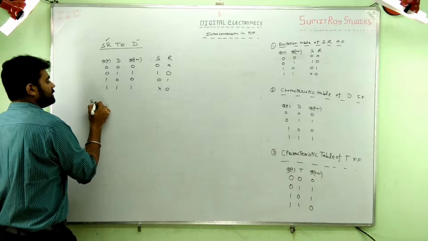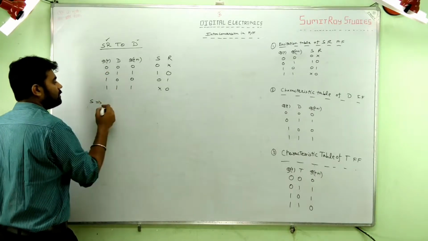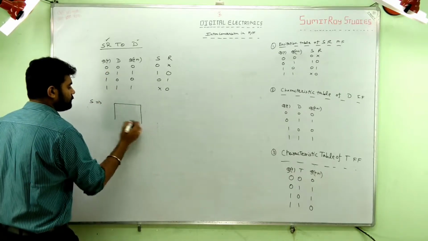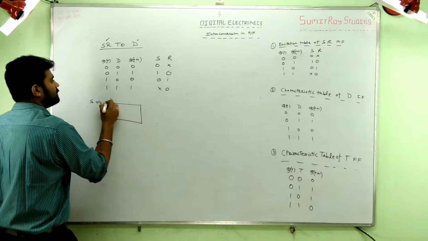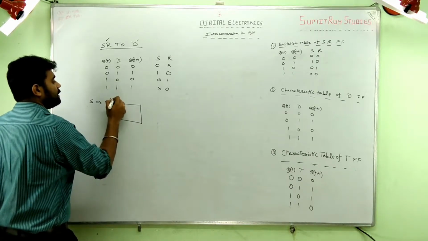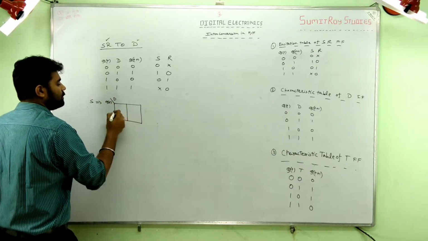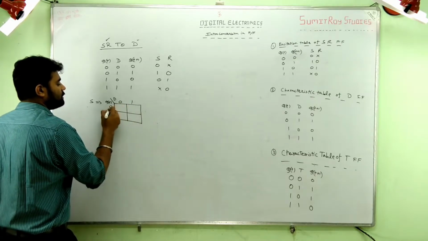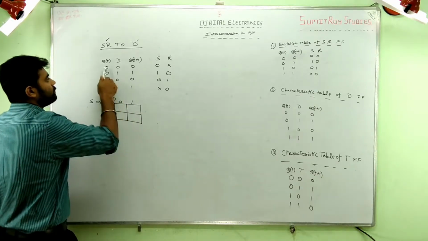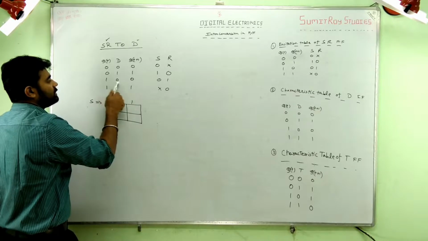So now the reduction, that is S based on QT and D. This is QT, that is the present output, and D, that is the present input available. That is 0 and 1, 0 and 1, that is 0, 0, 0, 1, 1, 0, 1, 1.